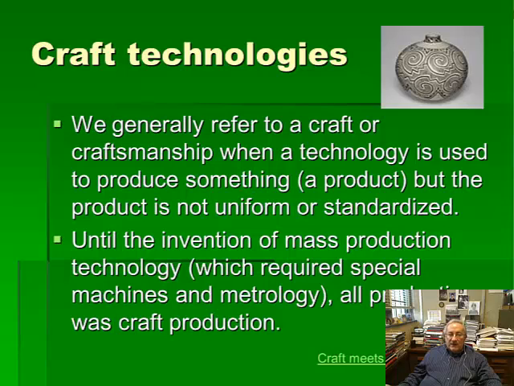We often highly value that, for example, in the making of ceramic pottery, or for that matter, any kind of artwork. That kind of production is often called craft production. Until the invention of mass production technology, which requires certain kinds of machines and measurement technologies, all production was really craft production.